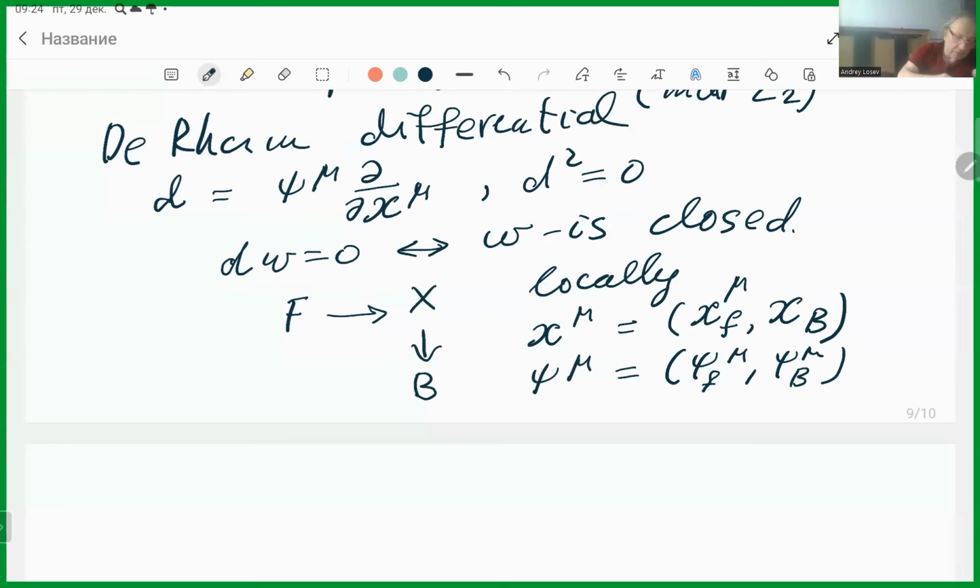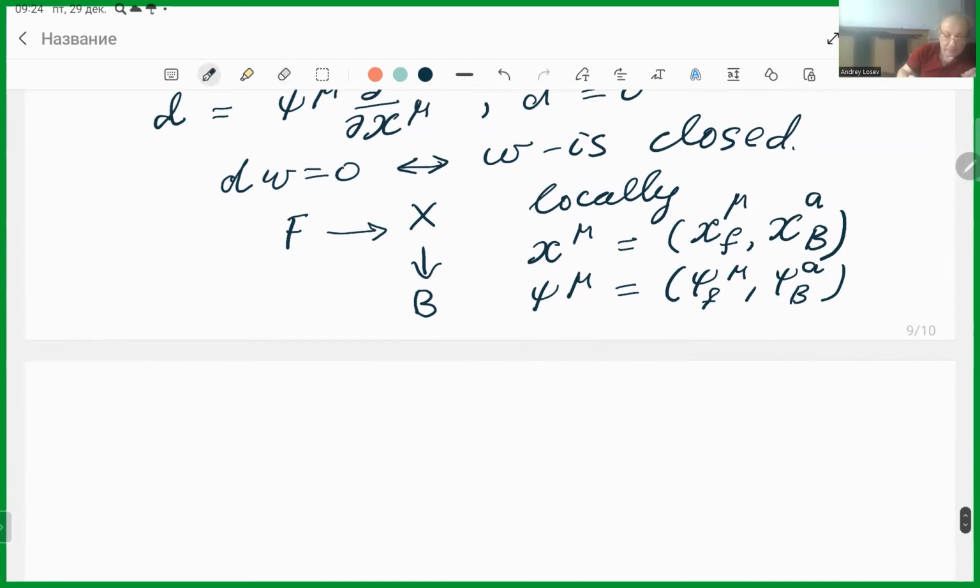Let me denote the index along the base with another letter like A. Correspondingly, the de Rham differential is d fiber plus d base.